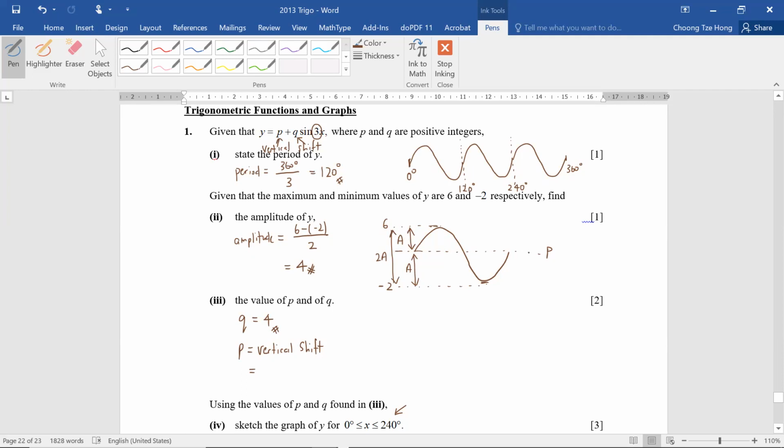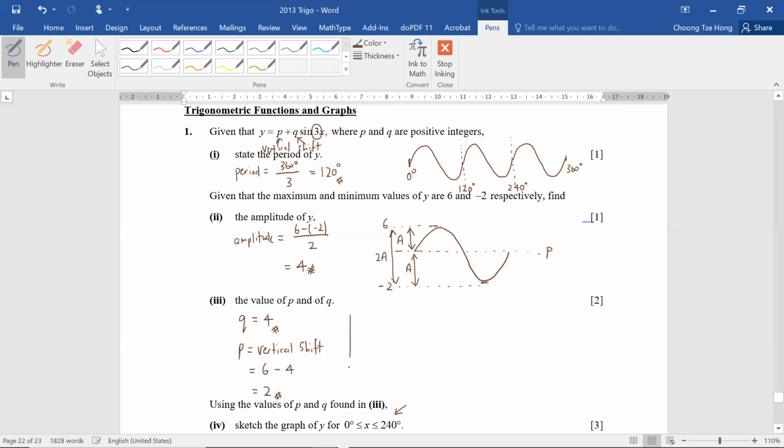Then we can calculate P by taking 6 minus 4. Or conversely, we can take -2 plus the amplitude 4, then we will also get the value of P, which is at the central level, right? So P is 6 minus the amplitude 4, which gives 2.